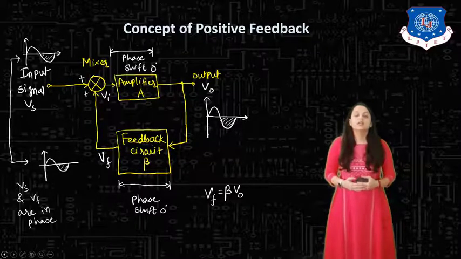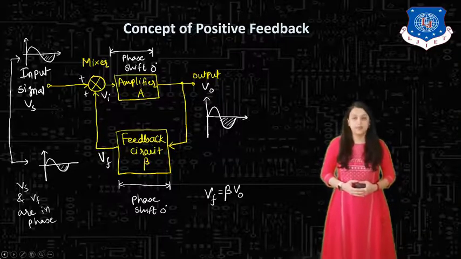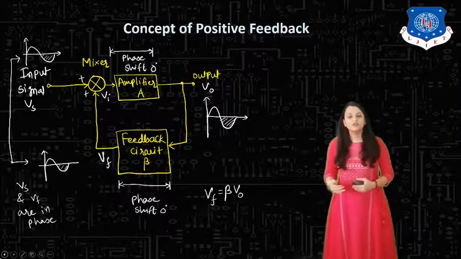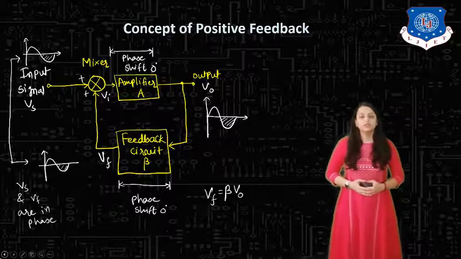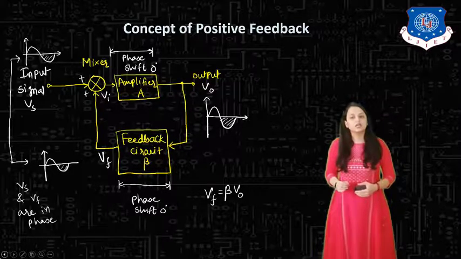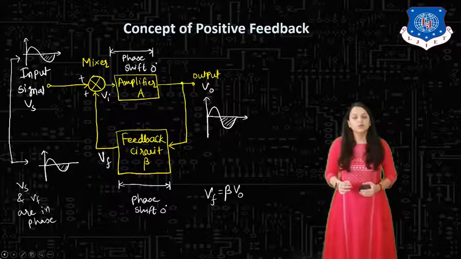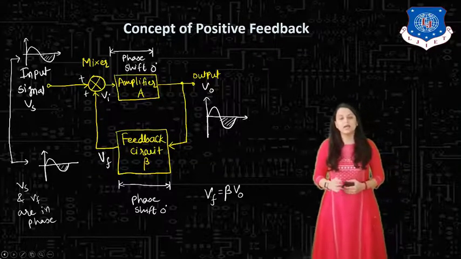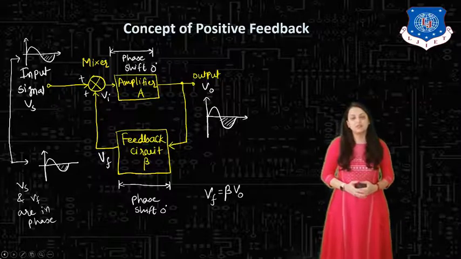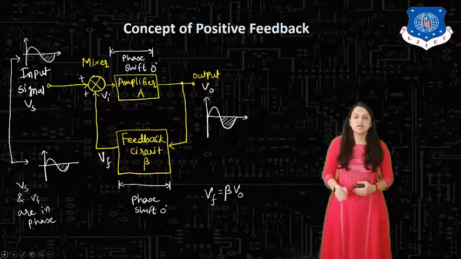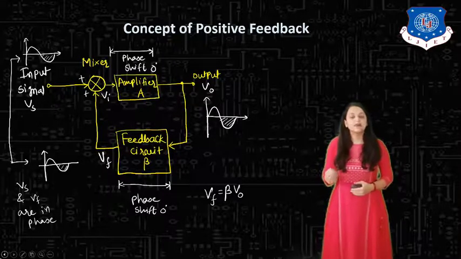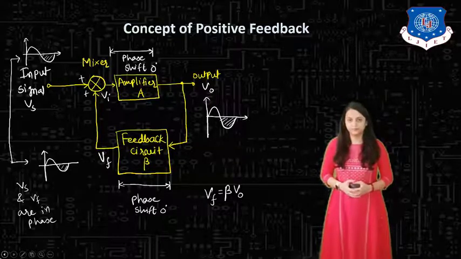Here, the gain of the amplifier is given as A, and from it the output is obtained. Some part of the output is given back to the feedback circuit, that is the concept of feedback. At the mixer side, two plus symbols are indicated. This indicates that this amplifier has positive feedback.